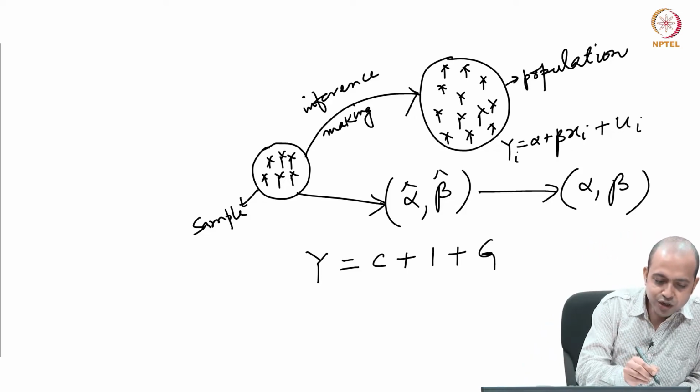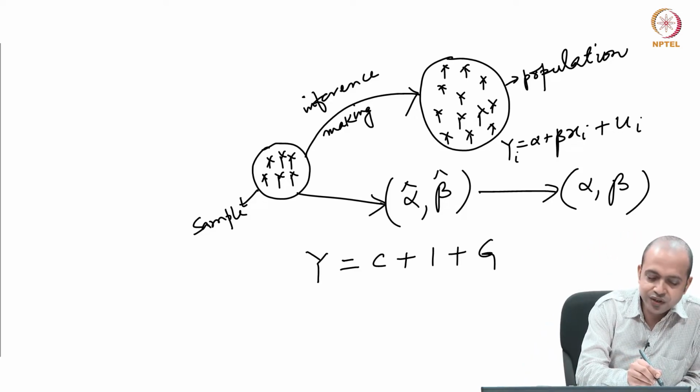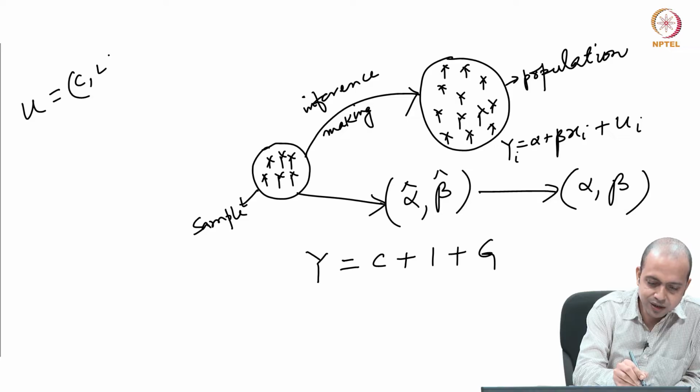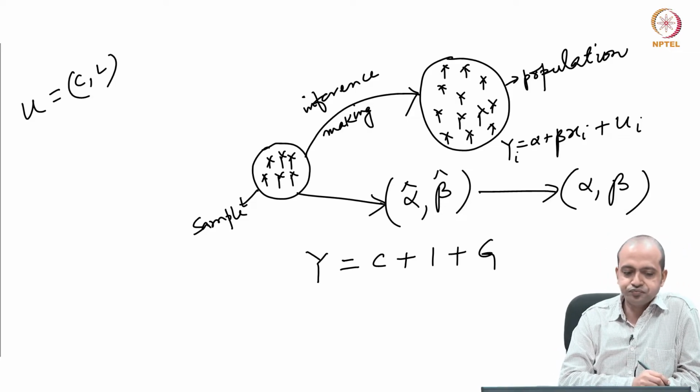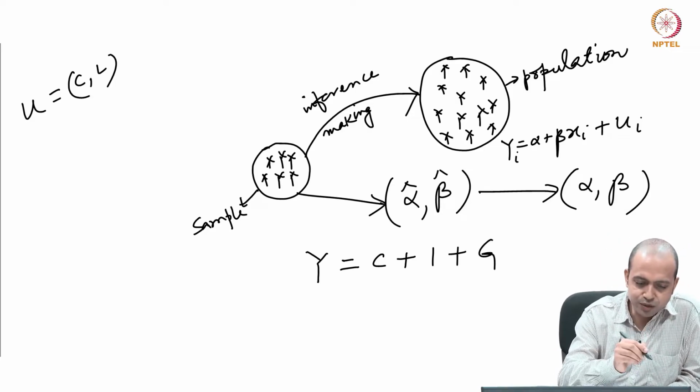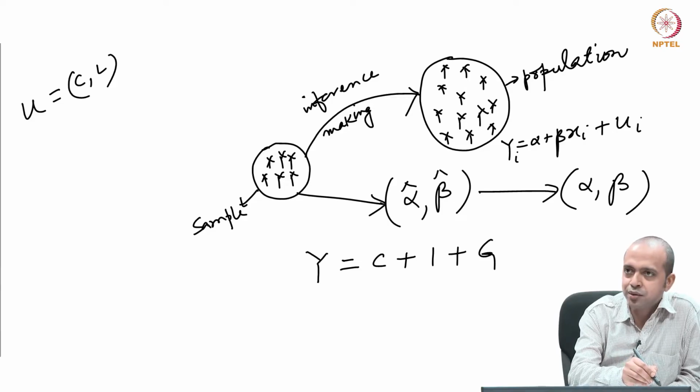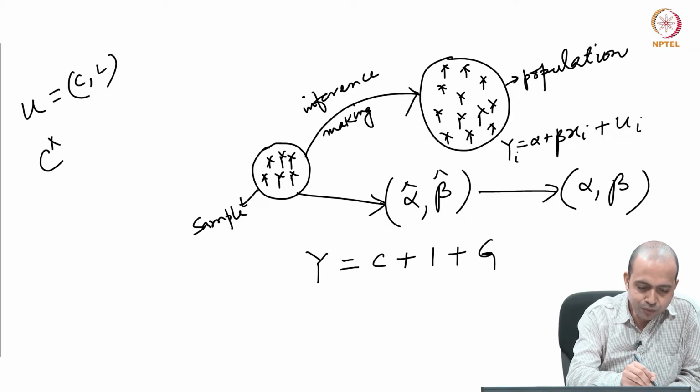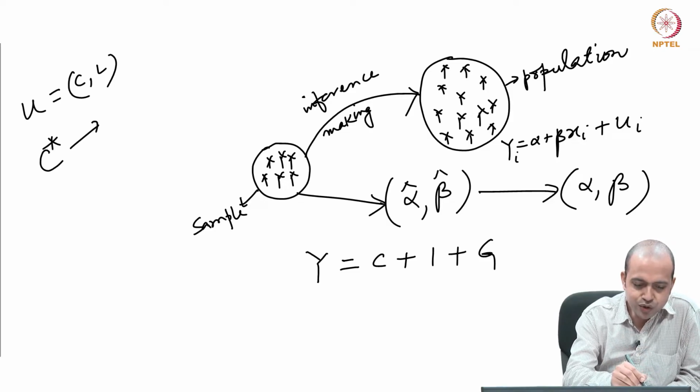Because if you think of the individual as facing a particular utility function, where utility is, let us say, a function of consumption and the amount of leisure that I will take. So more the consumption, more I will have the utility or satisfaction, and to get the optimum level of consumption, I should have the optimum level of income as well.